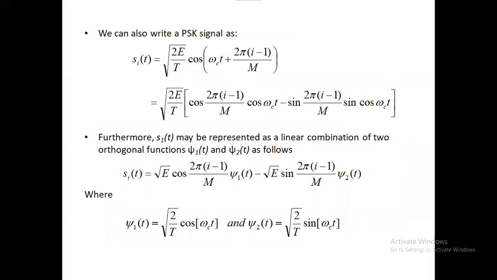So we can also write it in in-phase and quadrature-phase components. The in-phase component is represented by cos of omega c t, and the quadrature-phase component is sine of omega c t.